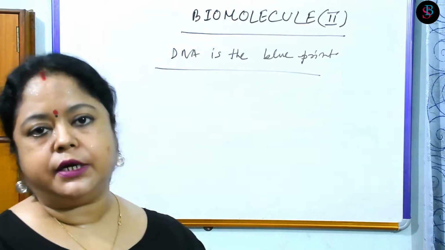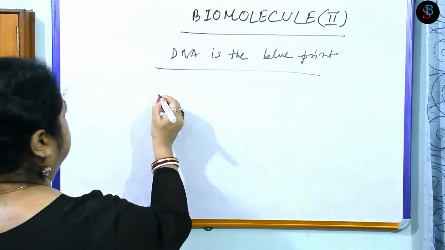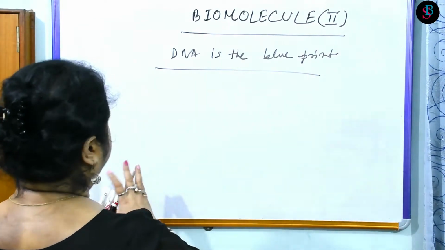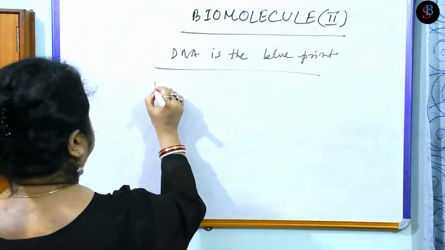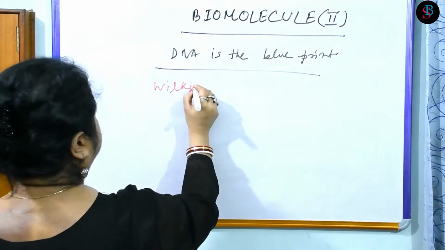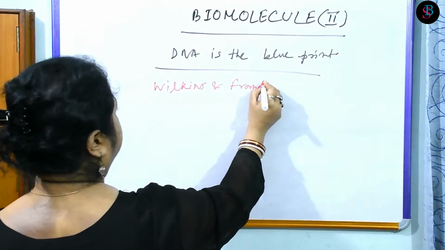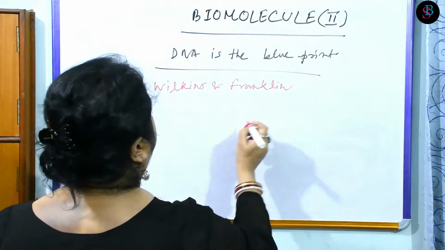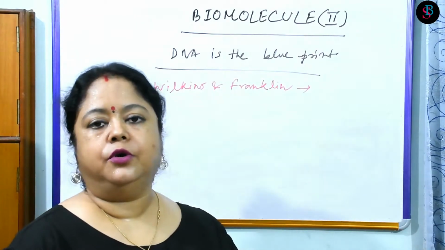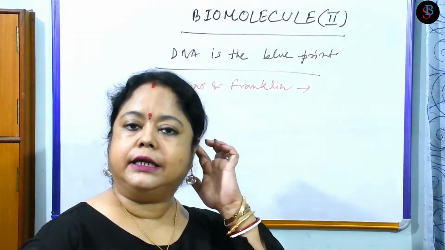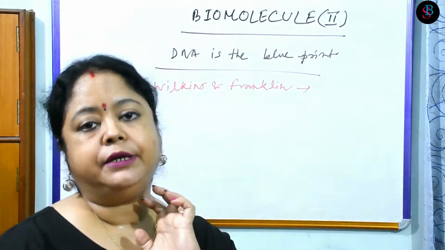Now how can we study the DNA? About the study of DNA, firstly Wilkins and Rosalind Franklin, both of them, performed X-ray crystallography. What is X-ray crystallography? That is the study using the X-ray diffraction method.